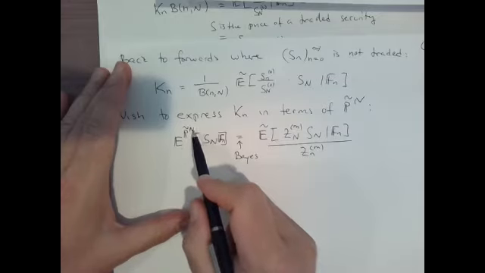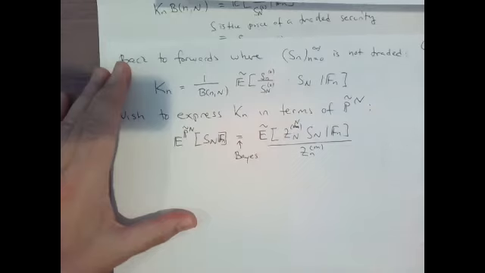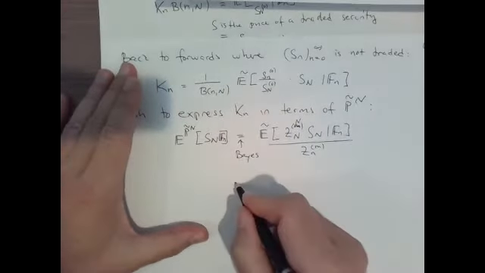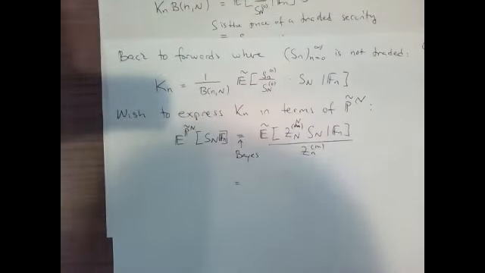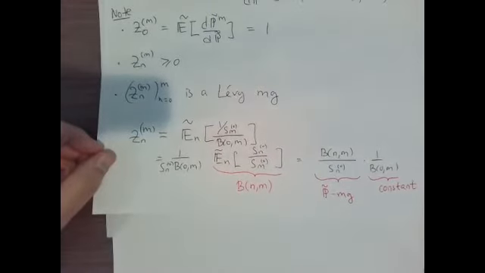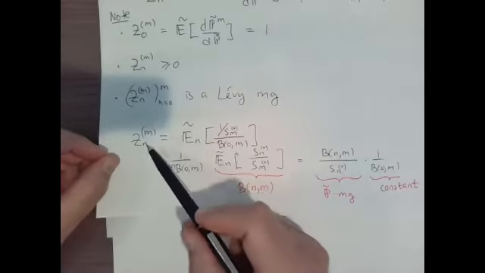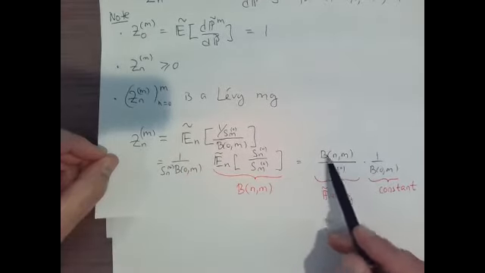This is an n here, so this one here should be an n. I need to go back and find my Radon-Nikodym derivative process. That was this guy here. And so one thing to note is that when n and m are the same, I'm going to get a 1 here.